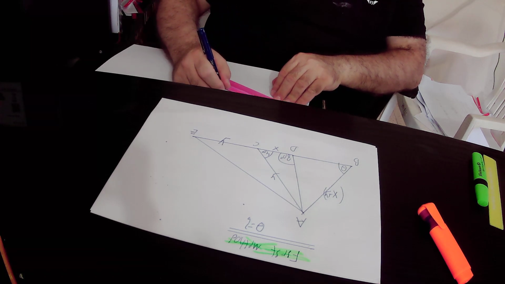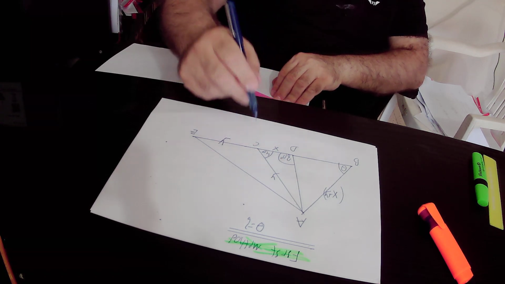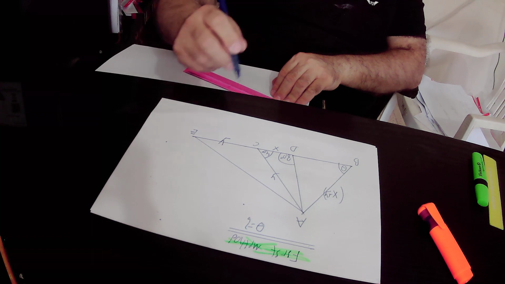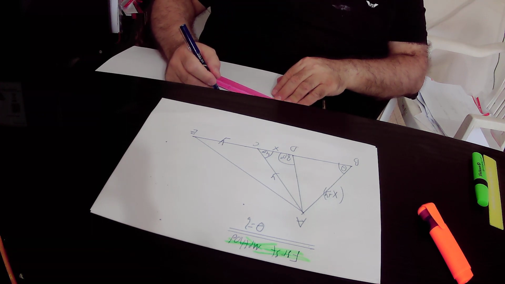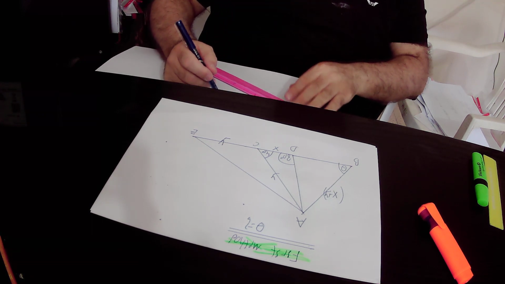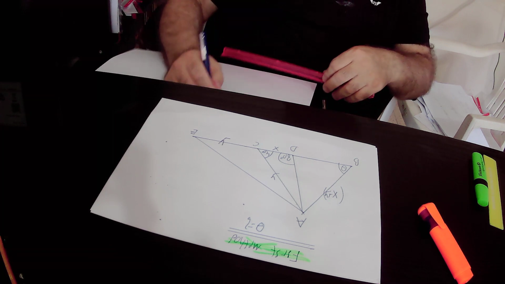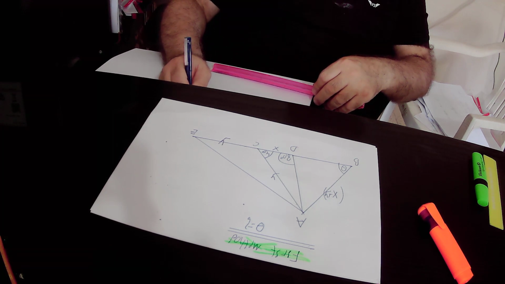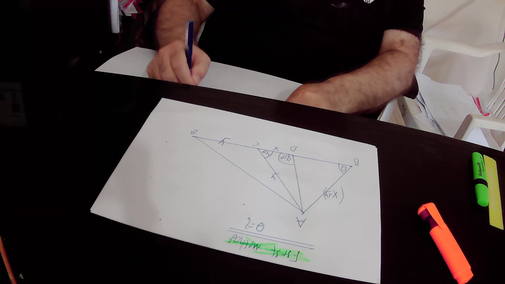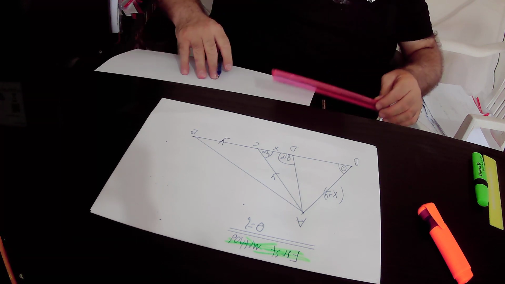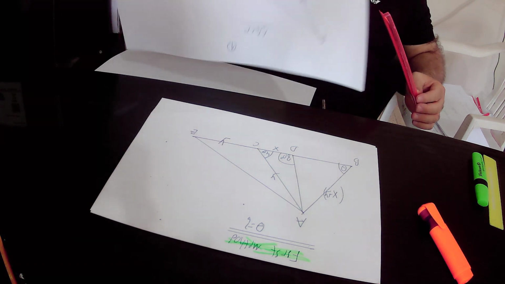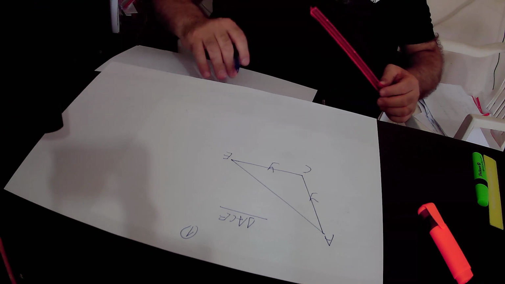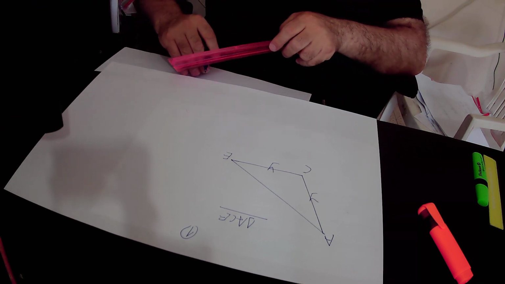Side CE equals y, and side AC also equals y. Side CE equals y according to our construction. So this is triangle ACE that I copied from the original drawing.